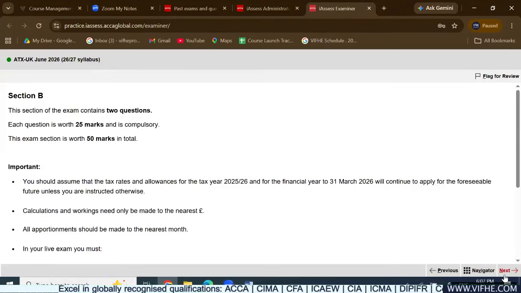Now we are having section B. In section B, we have two questions, question number 2 and 3. Each will be carrying 25 marks, out of which 20 marks are dealing with the technical concepts, and 5 marks will be allocated to those students who will be projecting their professional skills.